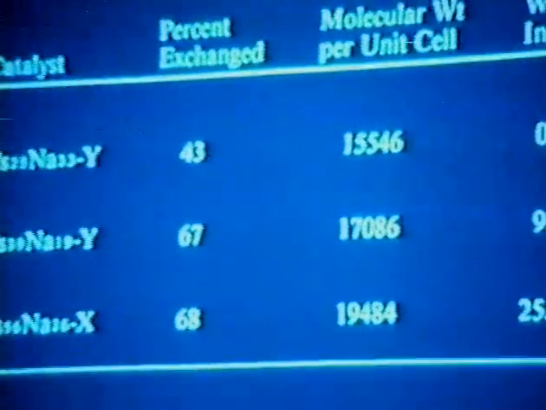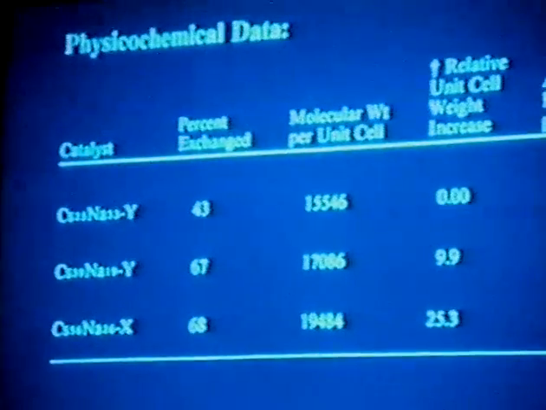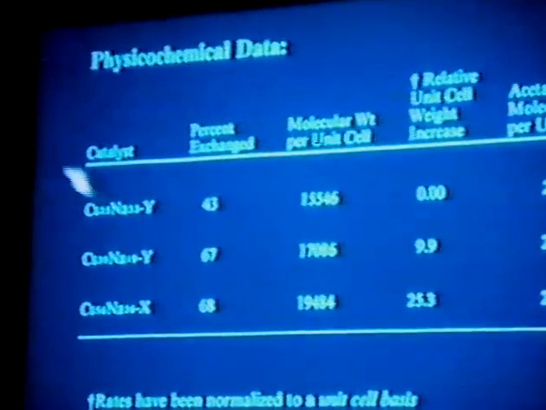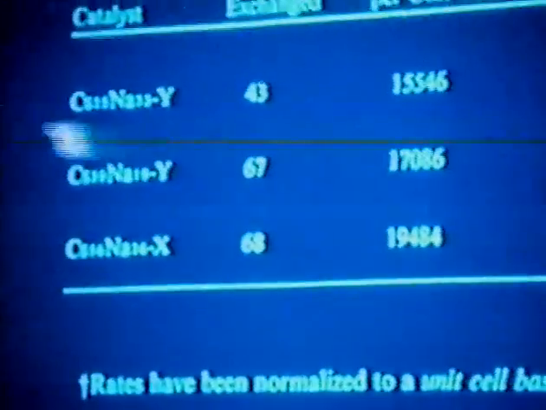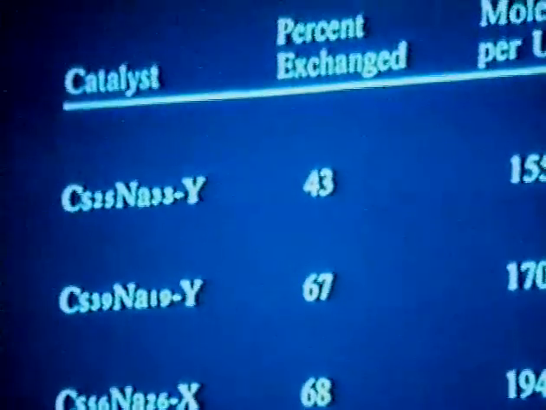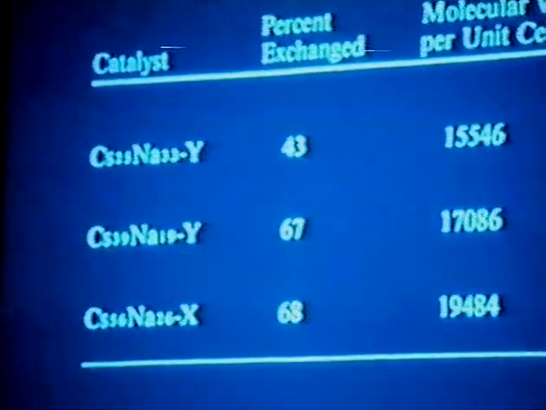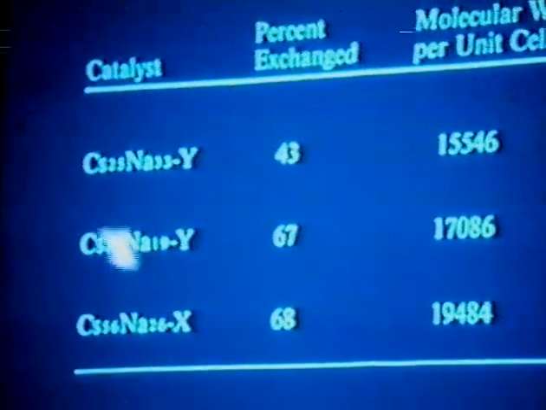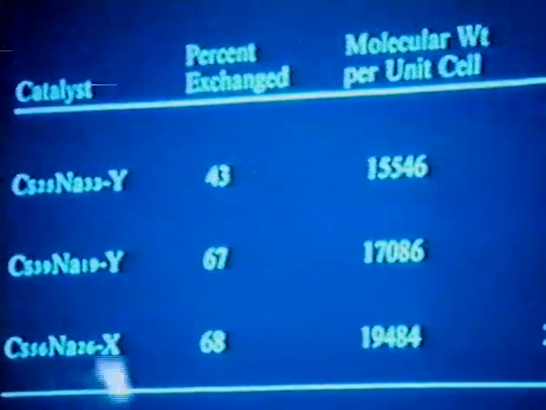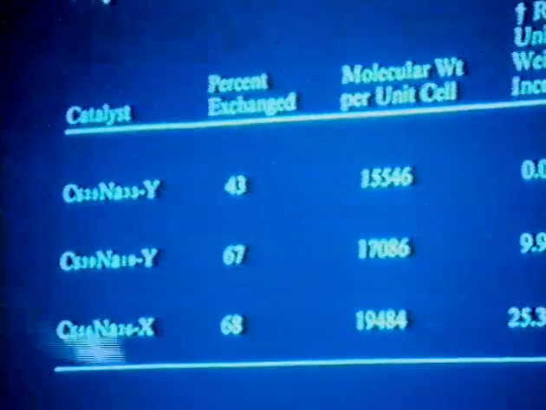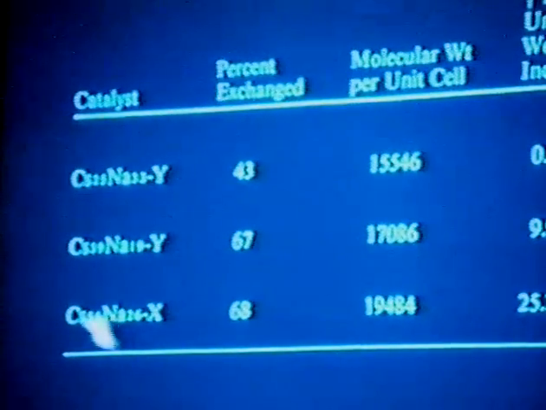Physical chemical data: I wanted to illustrate 3 catalysts that we used here. With a partially exchanged Y, say a fully or maximum exchanged Y, there are inaccessible sodium cations located in the sodalite cages that cannot be reached by the cesium for exchange. And a partially exchanged X zeolite. X zeolites are typically difficult to fully exchange, so there are approximately 10 sodium cations here available for exchange.